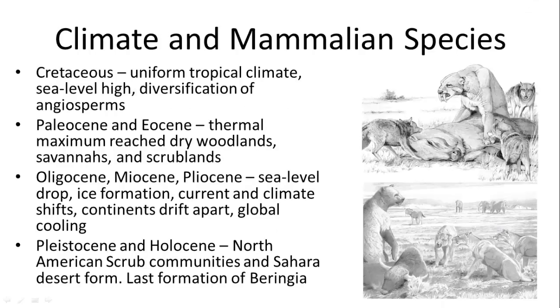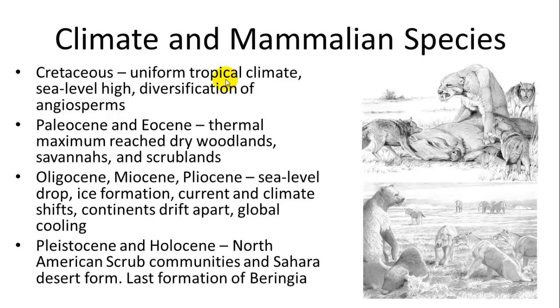Okay, so some of the things that occurred were also changes in climate. So in the Cretaceous, pretty much all land masses had the same uniform tropical climate. There wasn't a lot of variance throughout the Earth. Most land masses were very close together and around this tropical area.